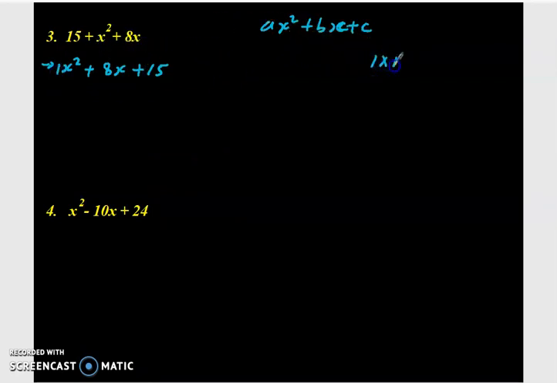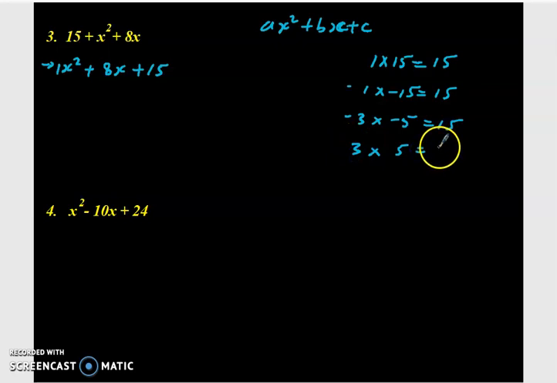So 1 times 15 equals 15. Which other numbers can give you a positive 15? Negative 1 times negative 15 gives you a positive 15, and negative 3 times negative 5 gives you a positive 15, and also 3 times 5 will give you a positive 15.